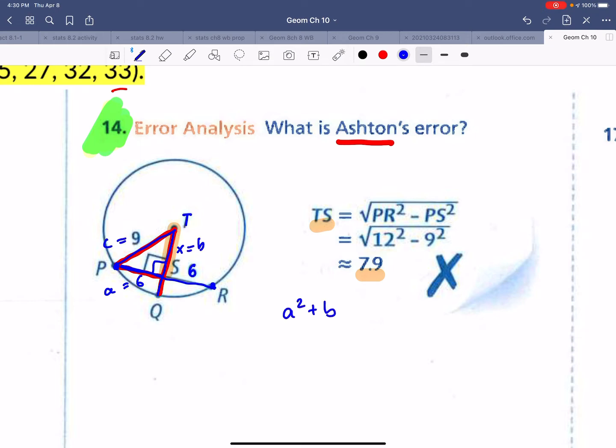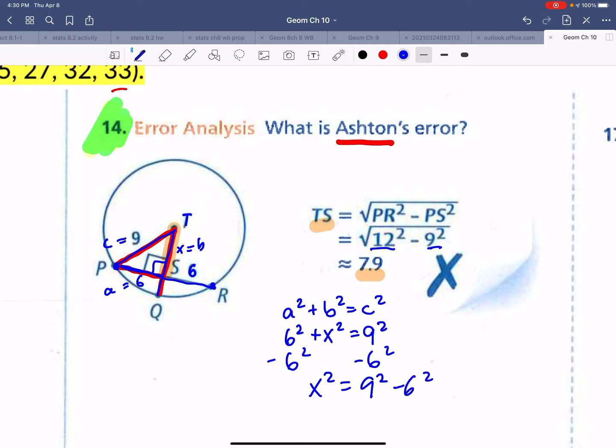All right, so we get a squared, 6 squared, plus x squared. So if you look at what Ashton did, it's interesting. He took 12 squared minus 9 squared. So if we lay it out the same way he did, I can subtract 9 squared, so x squared equals 9 squared minus 6 squared.